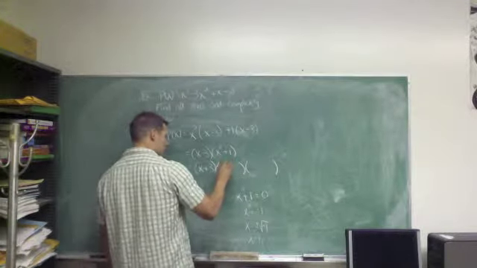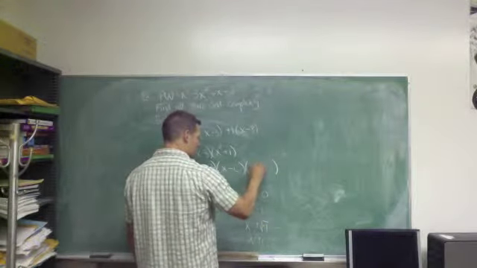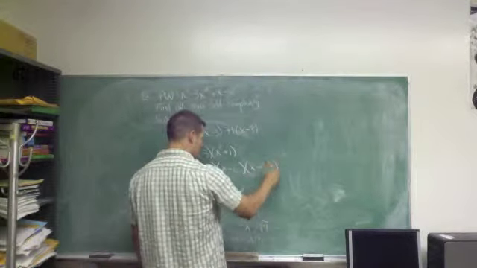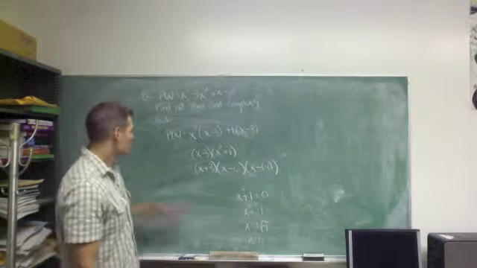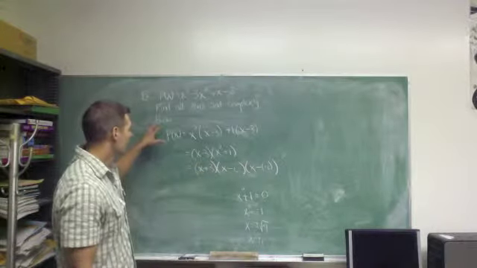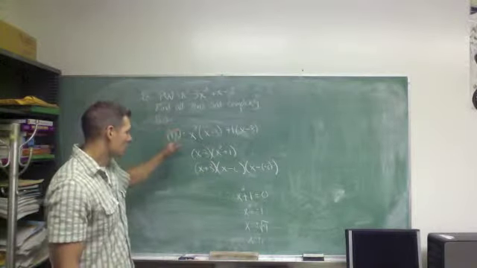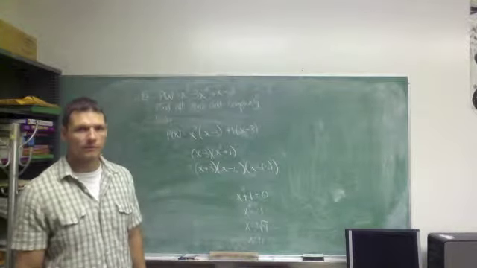So it's x minus i, that's for positive i, and x minus negative i, that's for the negative i. So this is completely factored. The zeros are 3, i, negative i, okay? And it also gives us the complete factorization of the polynomial p of x.